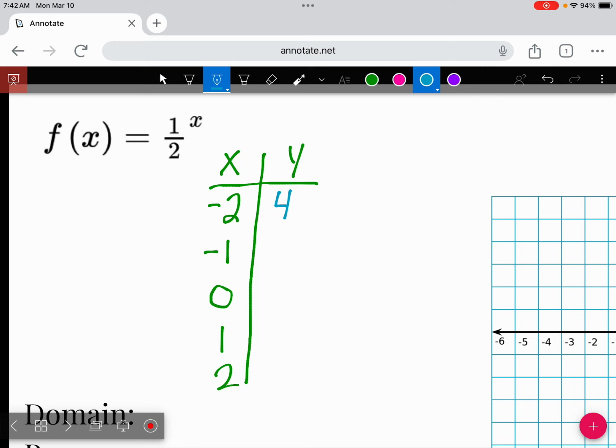Remember, the minus makes it flip, so our -1 on the 1/2 means we're going to get a 2. 1/2 to the power of 0: absolutely anything raised to the power of 0 is 1. 1/2 to the first is exactly what it is, 1/2. And 1/2 squared, 1/2 times 1/2, is 1/4.